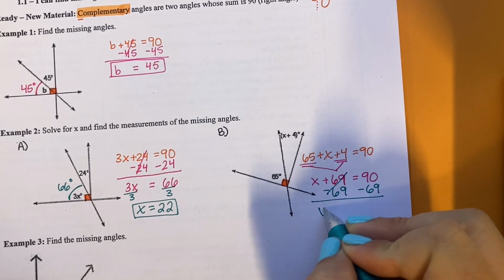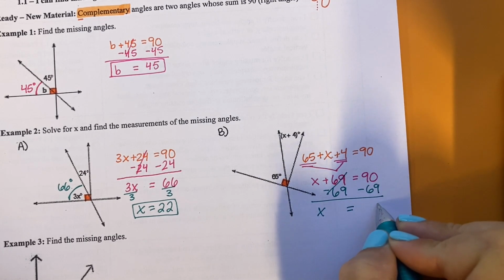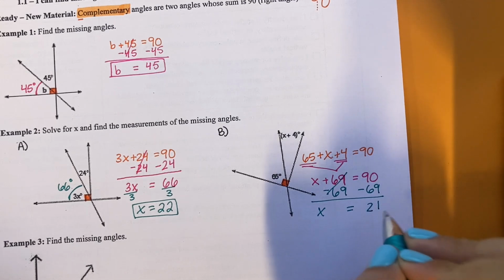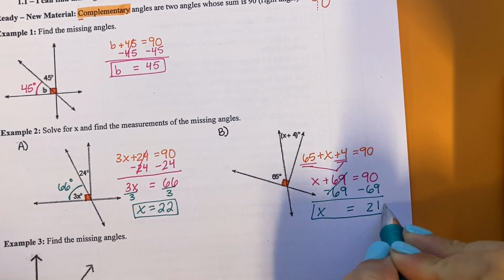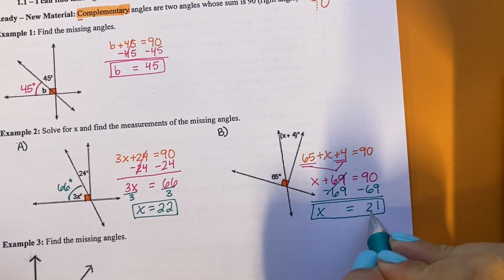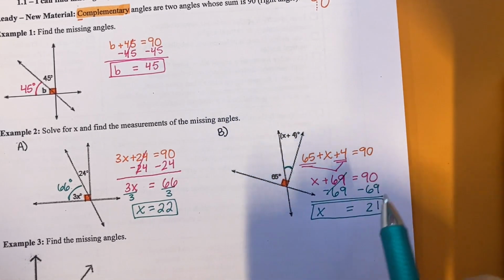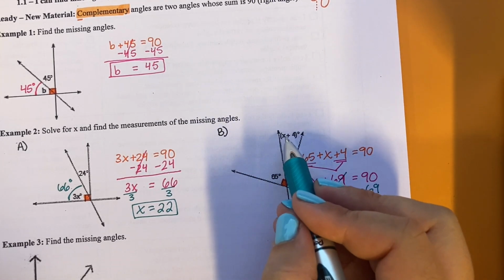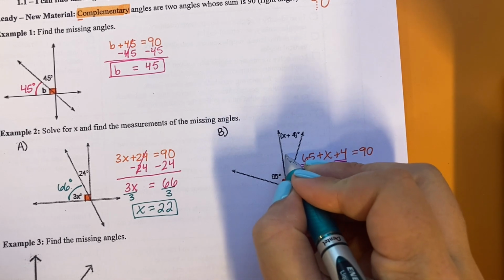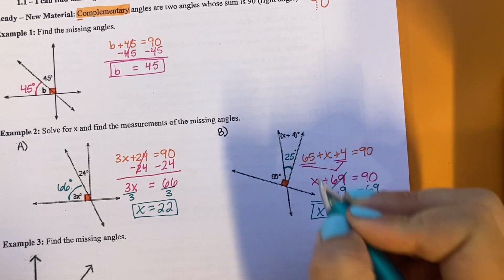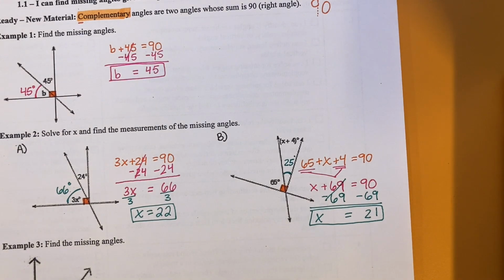That cancels out. X equals 21. So x equals 21. And if they wanted this angle right here, I would plug the 21 in. 21 plus 4 is 25 degrees for that angle.